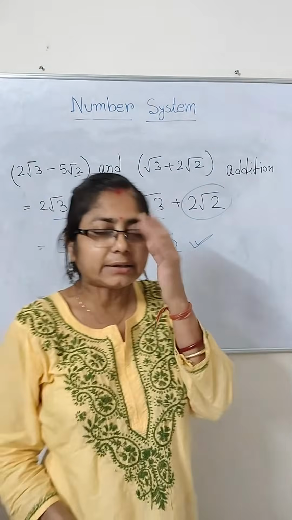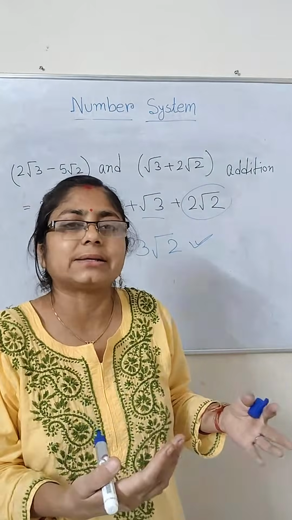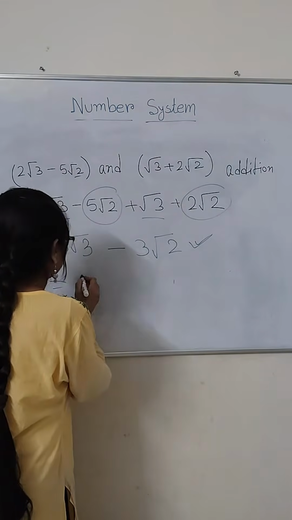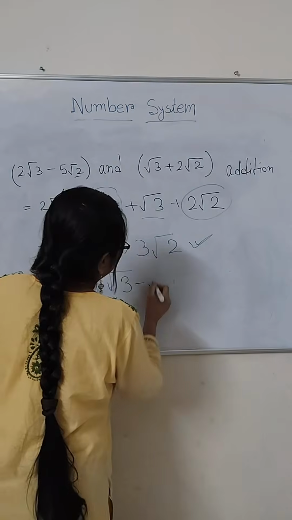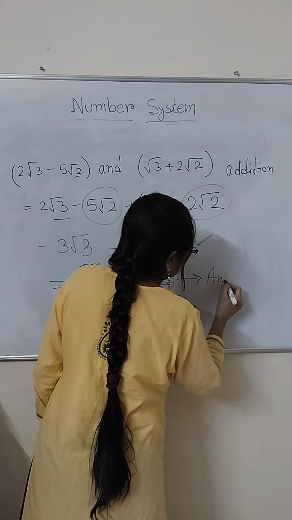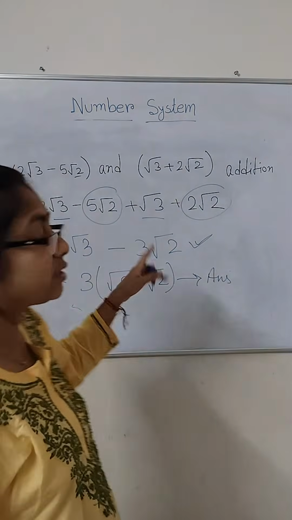If you write in that part and you think it is okay, I am telling, as a teacher, no, it is not okay. Why? You take common. Without common, your math is not complete. And it is our answer. Okay, clear? You take the common, 3 common, root 3 minus root 2.